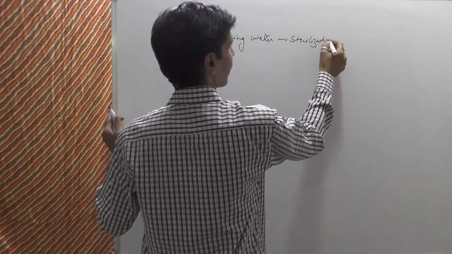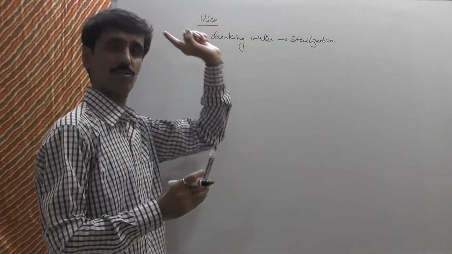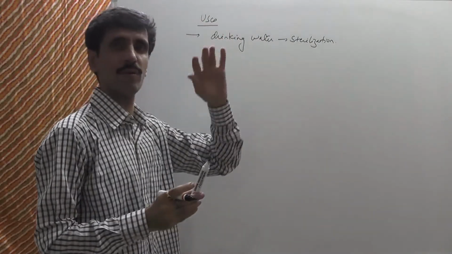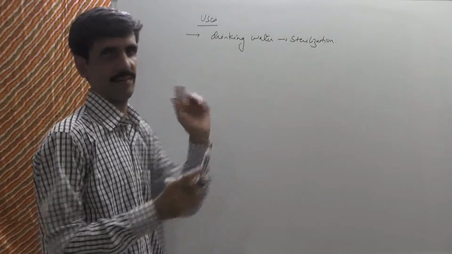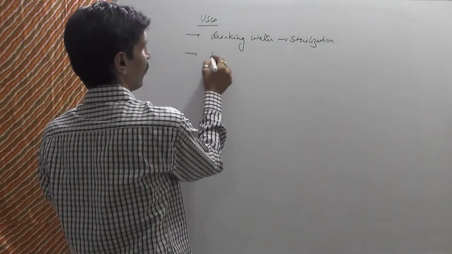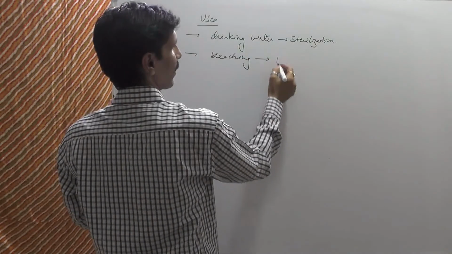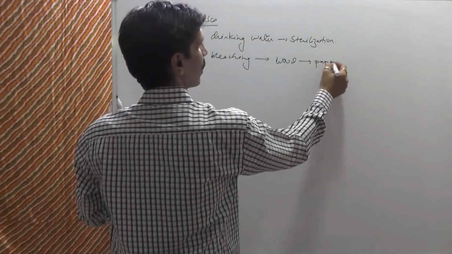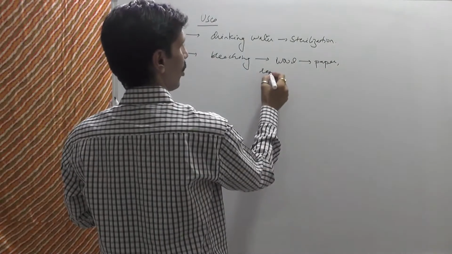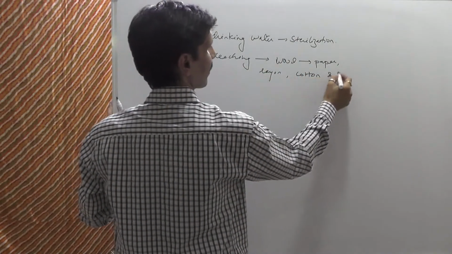It can be used as a disinfectant in small concentration, and hence it can be used for sterilization, that is removal or killing of disease causing microorganisms. Next, it is used for bleaching purposes with respect to wood pulp, which can in turn be used in paper, rayon, cotton and other textiles.